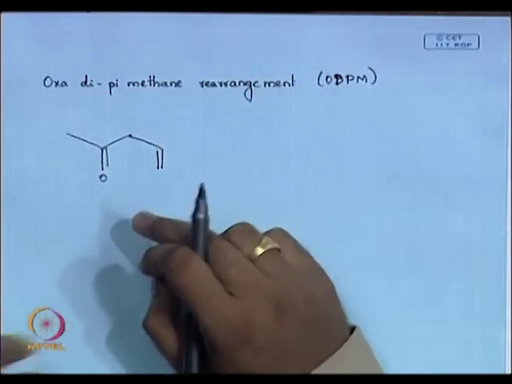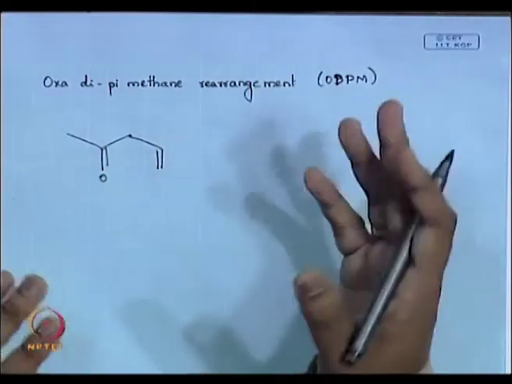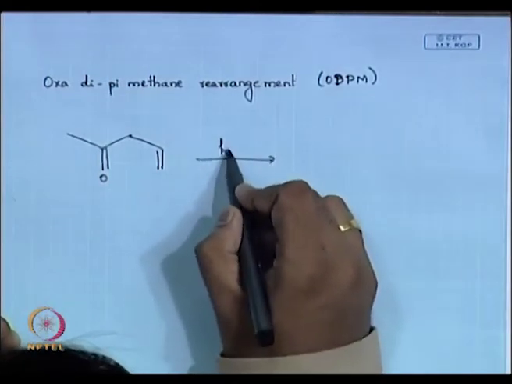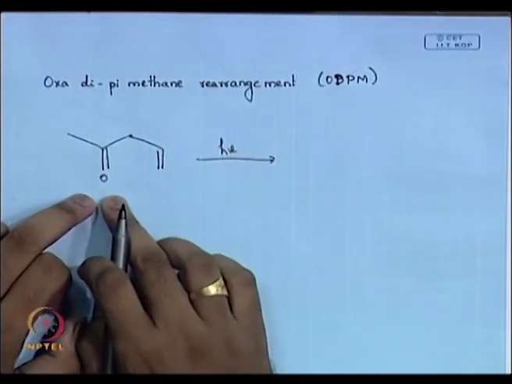See, why this reaction is important is that once you go to natural products, like most of your steroids, where you have a carbonyl system with an alpha beta enone, they undergo a nice oxa-di-pi-methane rearrangement. We will see that example, but initially we will see how it works. It is similar to photolyzing your ketone.